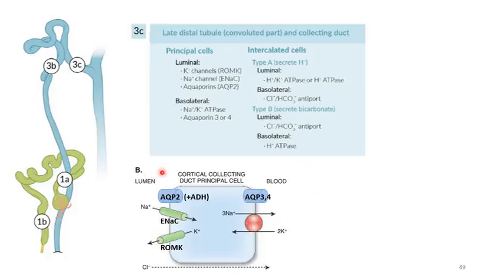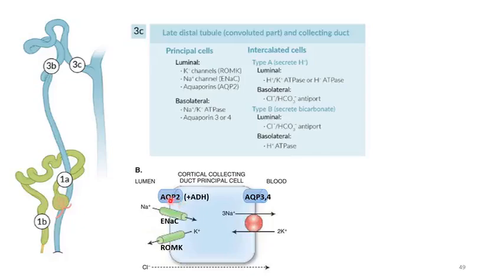In principal cells of the late distal tubule and cortical collecting duct, in the luminal membrane, the channels are in this way: the ROMK potassium channel, the epithelial sodium channel, and also a type of water channel that is present when ADH level is increased, or they are ADH dependent, and they are present when the ADH influences the principal cells in this part.